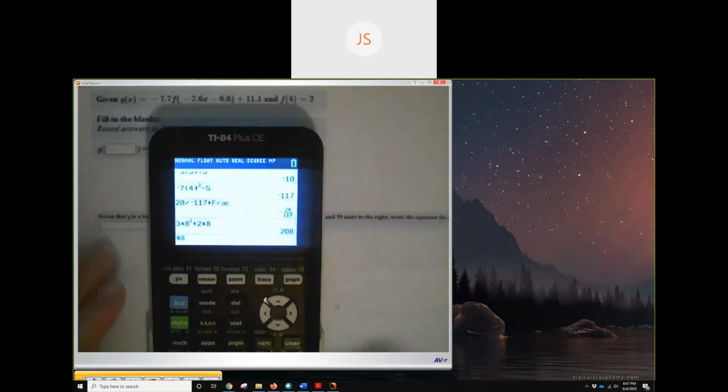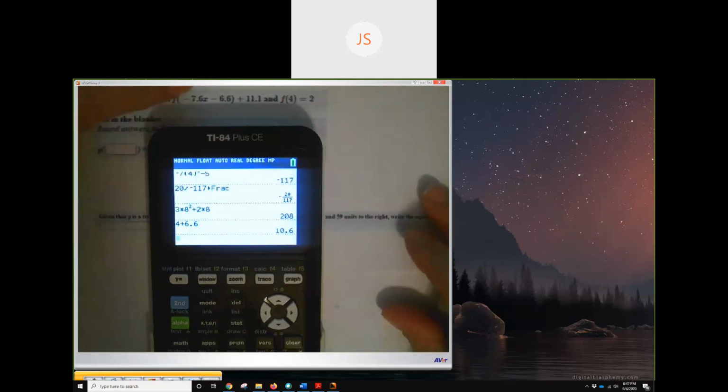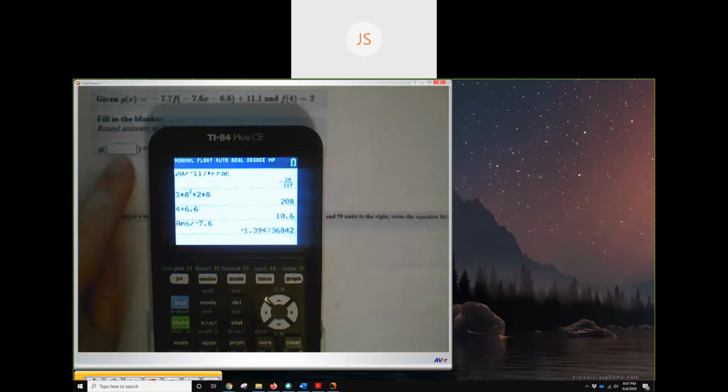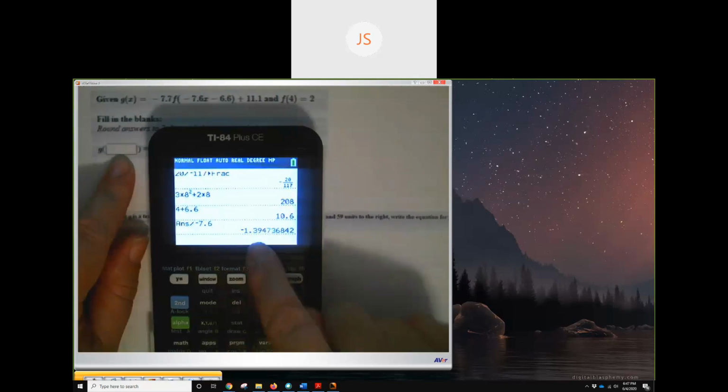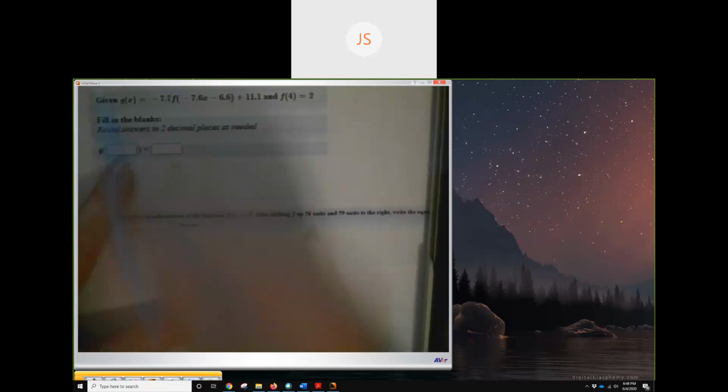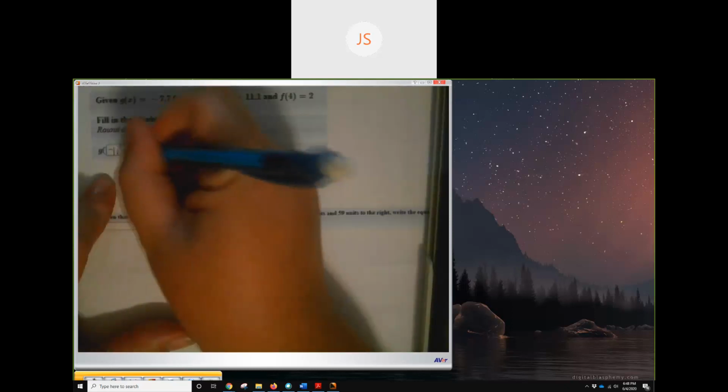So we take the 4 and we add the 6.6. And then instead of multiplying by the negative 7.6, we divide by it. So my new x value is this. Rounded to 2 decimal places makes it negative 1.39.